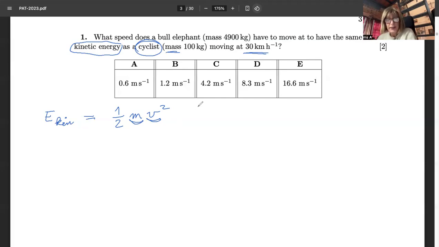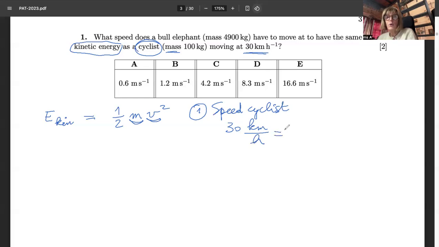So the first thing I am going to do, step number one, I'm going to calculate the speed of the cyclist. Well, I have the speed, but I want it in meters per second. So the speed is 30 kilometers per hour.